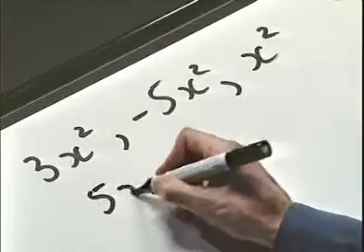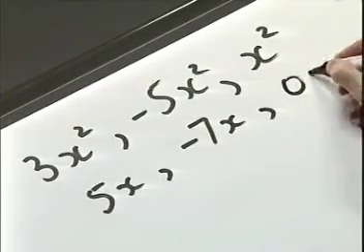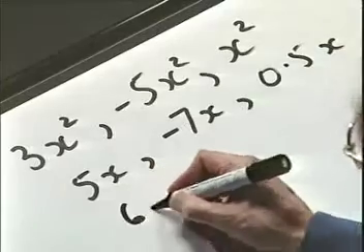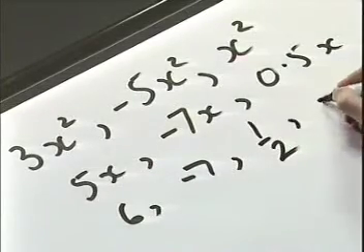The equation can also have terms in x, so it might have a term 5x, or perhaps minus 7x, or perhaps 0.5x. It can also have constant terms, just numbers, so perhaps 6, minus 7, a half, etc.